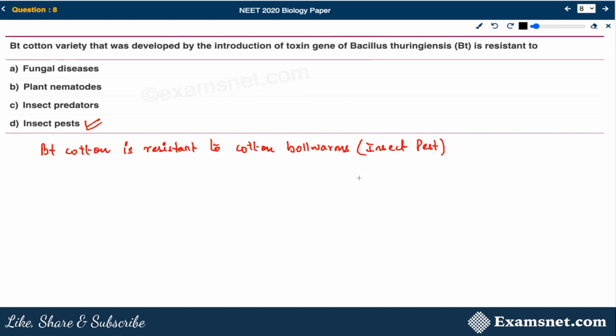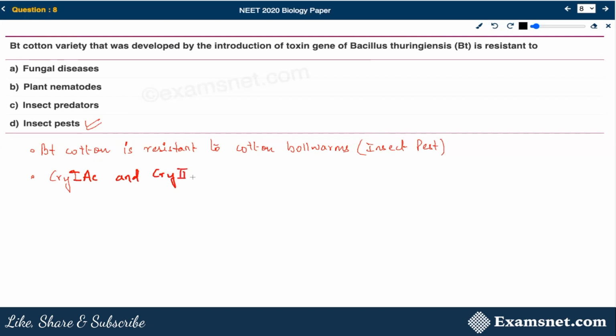Clear? As I already told you, cry protein genes have been introduced in cotton to protect it from diseases. So what are those proteins? Those proteins are cry1AC and cry2AB. Cry proteins are a category of proteins.